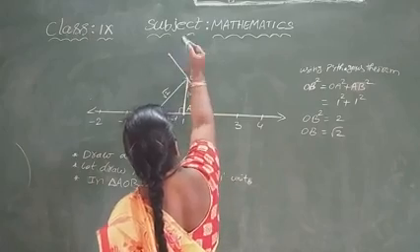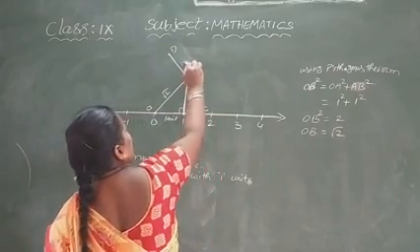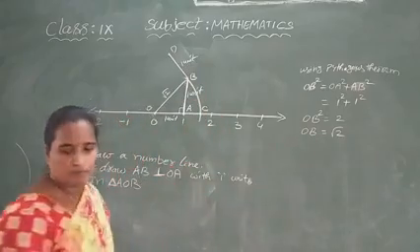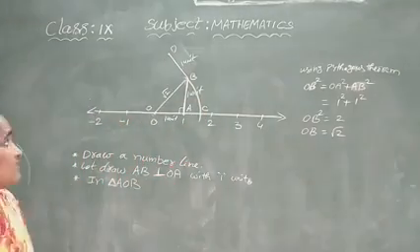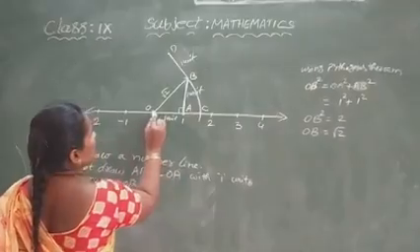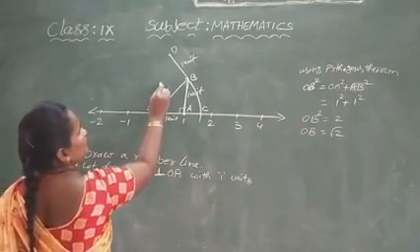This is 1 unit D. Then join. Here also join OD.